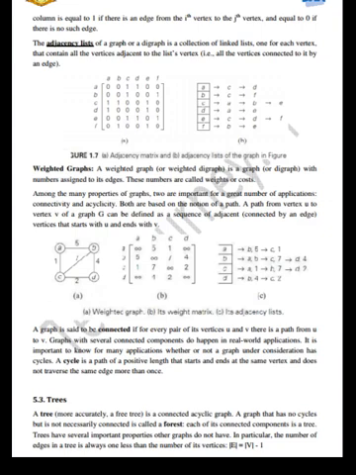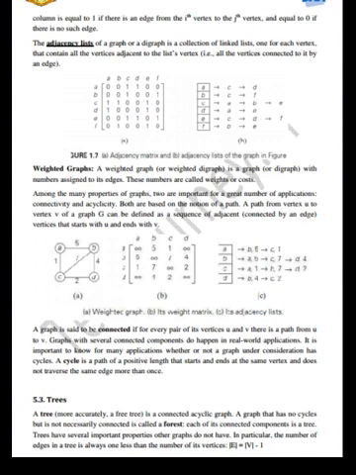The adjacency lists of a graph or digraph is a collection of linked lists, one for each vertex, that contain all the vertices adjacent to the list's vertex, that is, all the vertices connected to it by an edge. See this figure.